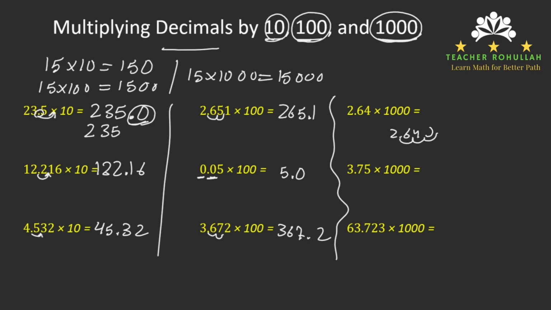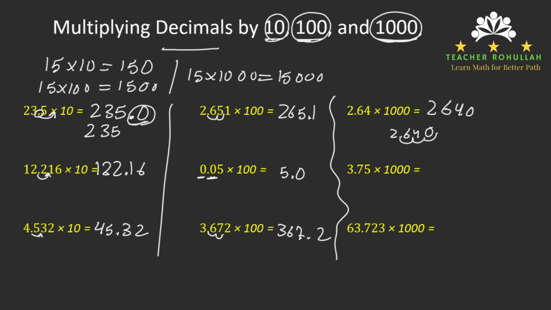Over here, we write a 0 to fill the place. The answer we get when we multiply 2.64 by 1,000 is 2,640.